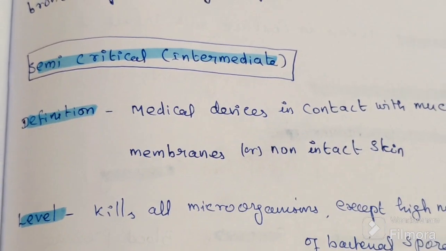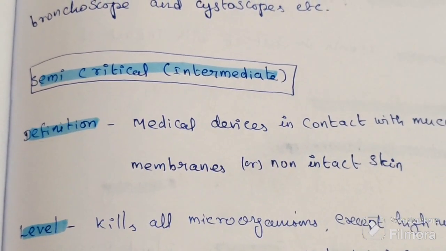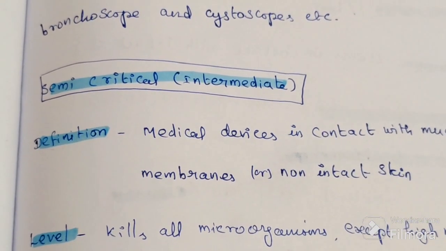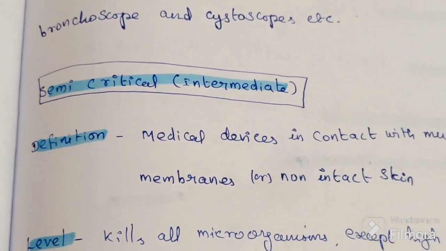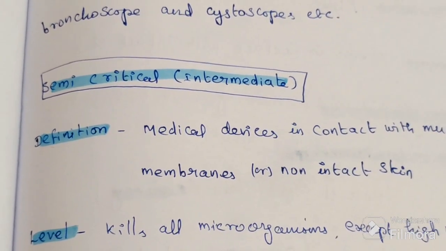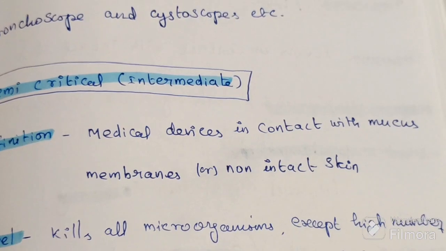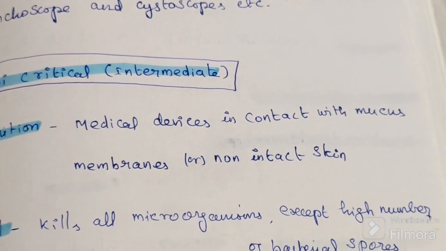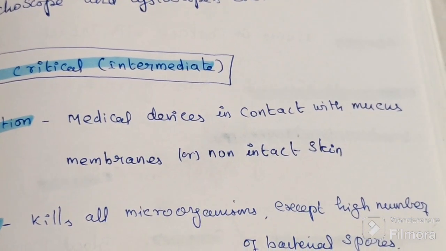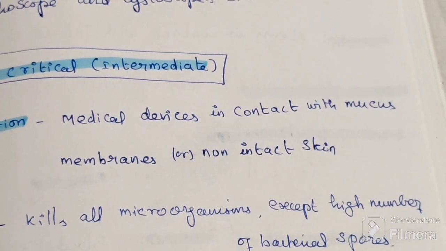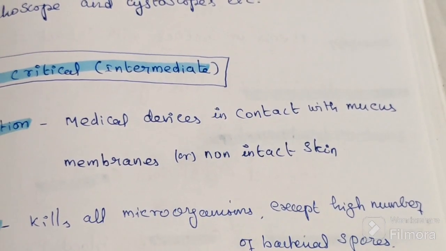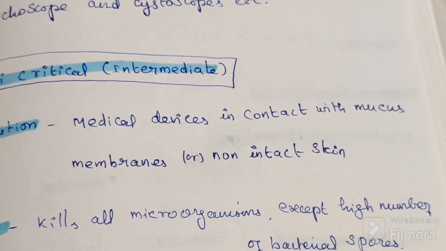The second category is semi-critical. We will call it intermediate. According to this classification, these include all medical devices in contact with mucous membrane or non-intact skin.